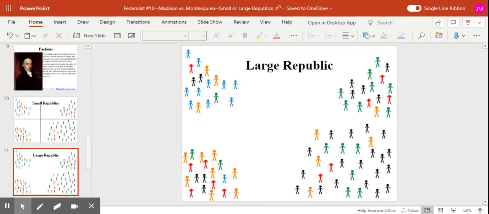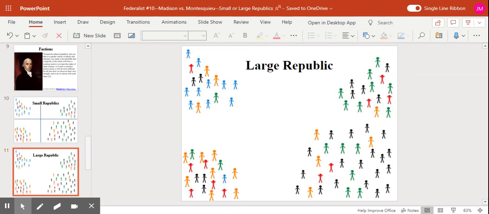Now, where we can be generous in our assessment of Madison is the fact that, one, his views are speculative. He didn't see, when he wrote this, how things would actually work out in the United States. And two, he didn't understand that the technology would develop to the point where there can be national interest groups that influence the government.